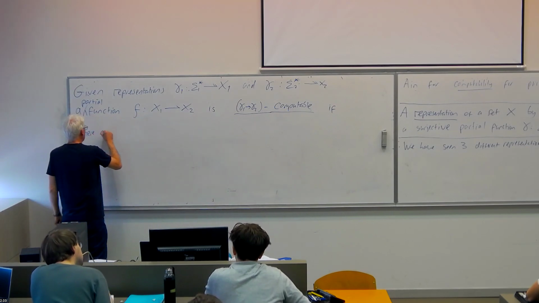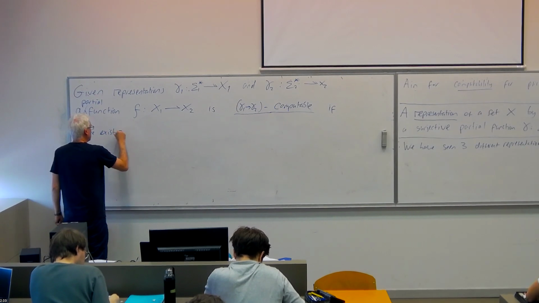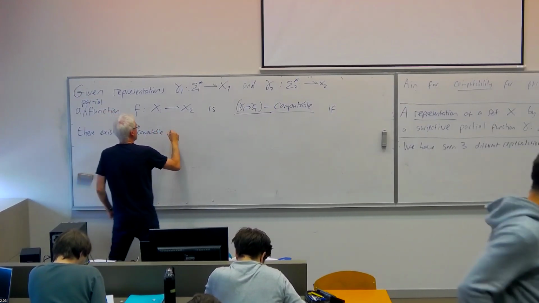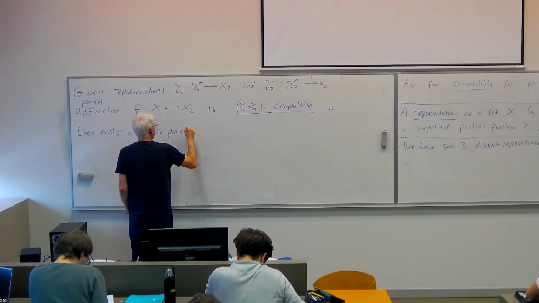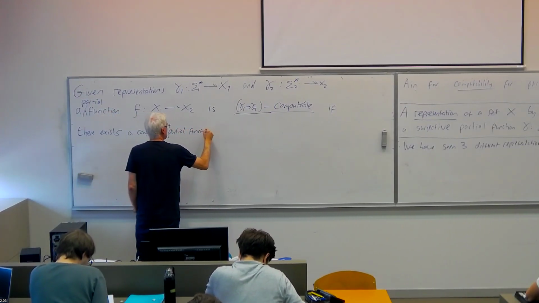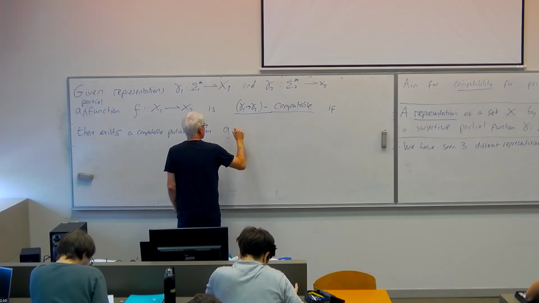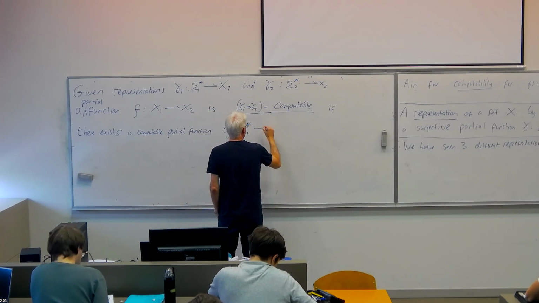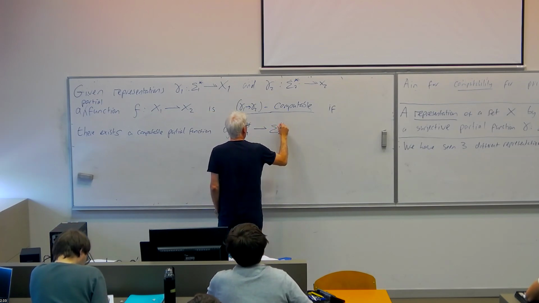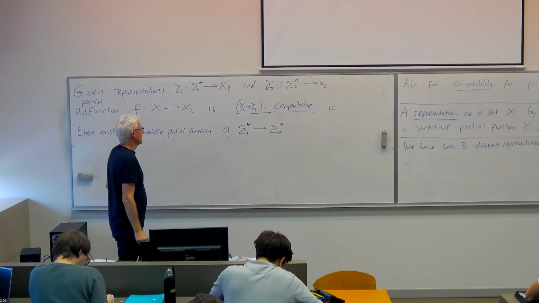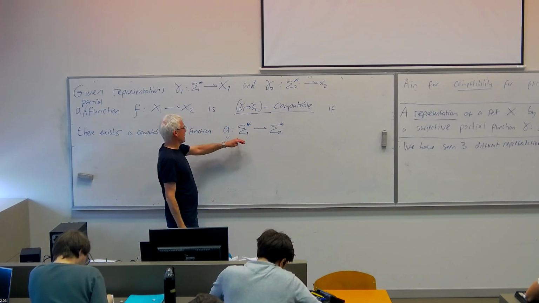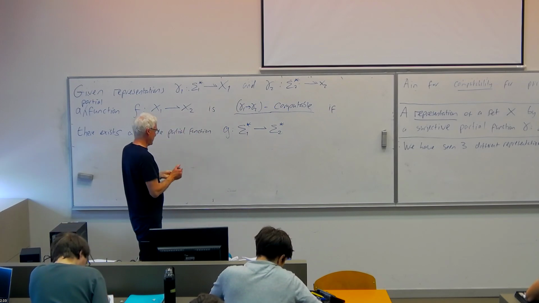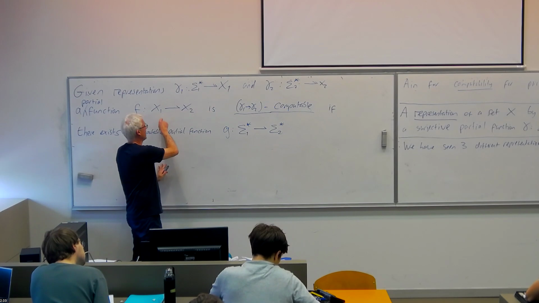So if there exists a computable partial function P from words over the first alphabet to words over the second alphabet, such that it does the right thing for words representing elements of x1.